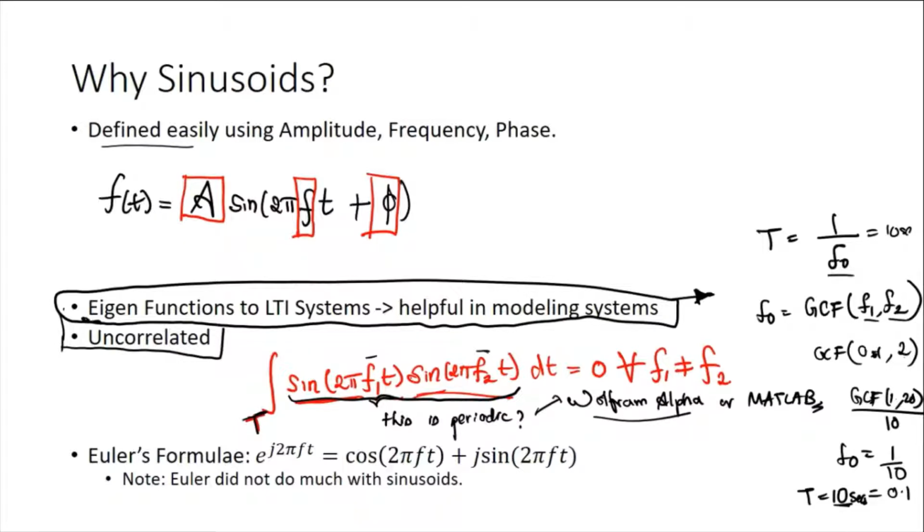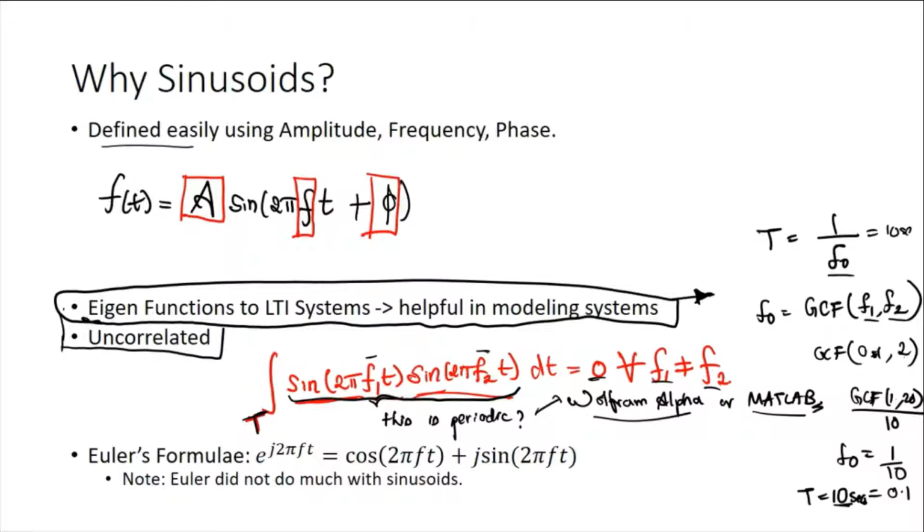So you can use Wolfram Alpha or MATLAB and convince yourself that a product of two sine waves is in fact periodic, and that when you integrate over that one period, it's going to be 0 if the two frequencies are different.